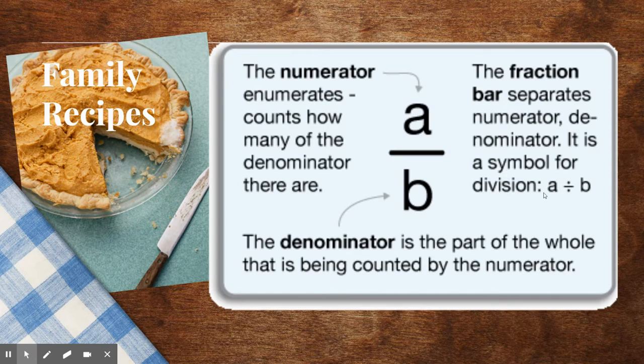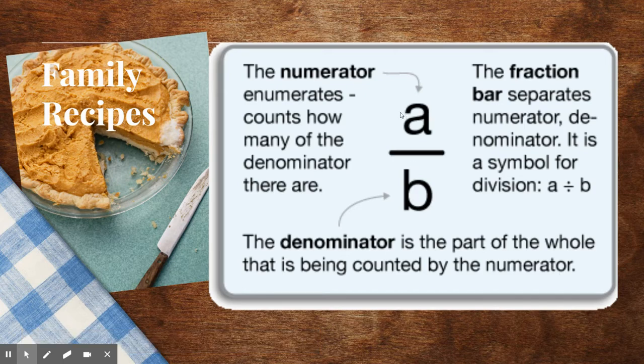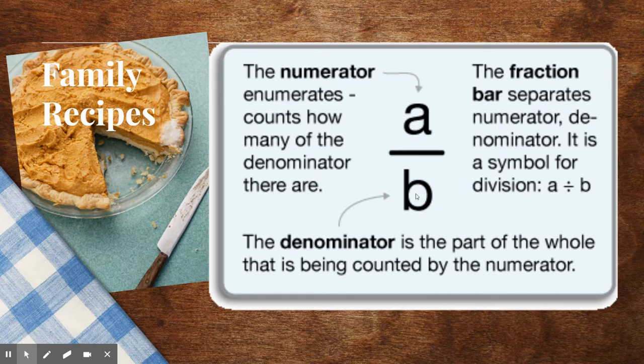It is a symbol for division. So A over B is the same as A divided by B. The denominator is the part of the whole that is being counted by the numerator. So if we have 1 out of 4, we have 1/4. I also use the memory cue of D is down.